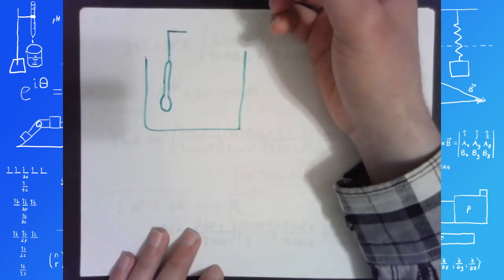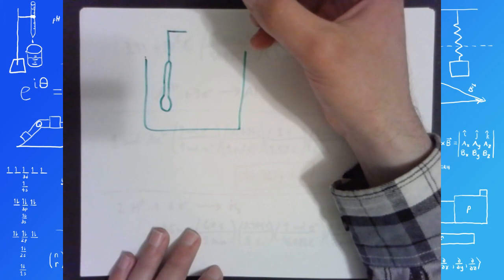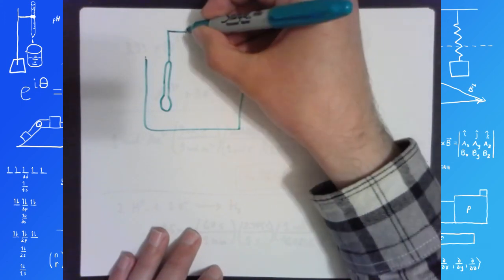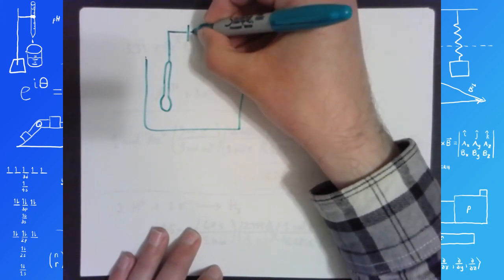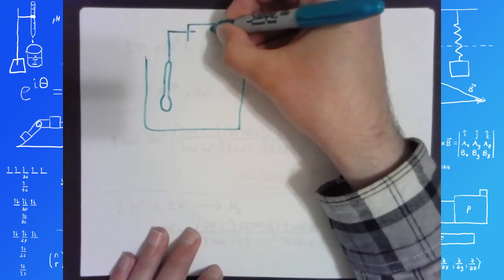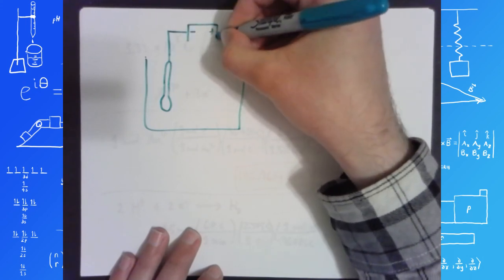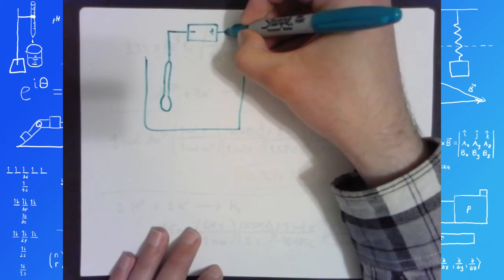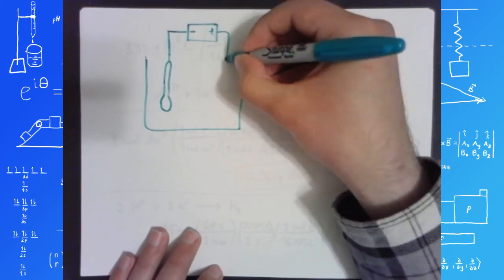Let's see, I would want to plug it into the negative end of the battery, or whatever my electricity source is. And then over here I'll just have a normal electrode.